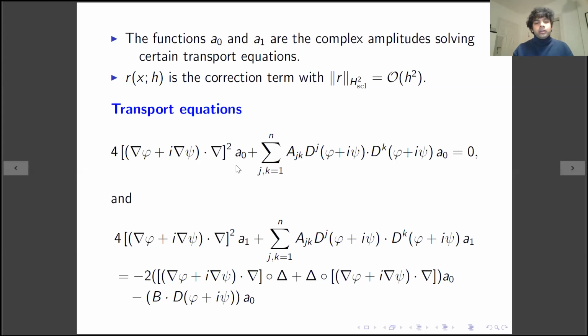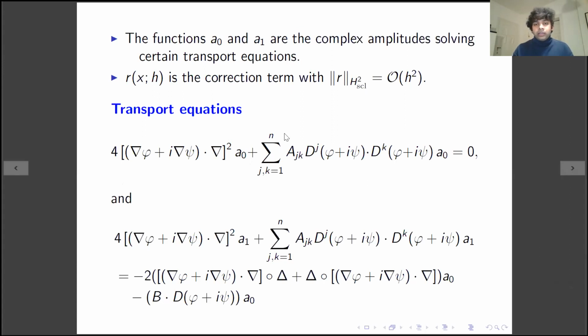So you see here a small observation. If you have A_jk as a scalar matrix, an isotropic matrix, that means only j equals k matters, and that is also given by a fixed scalar function.